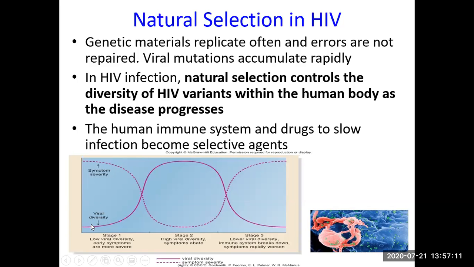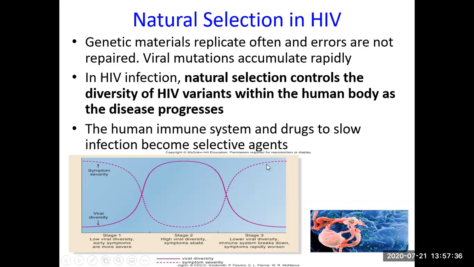And now that virus increases its population. It would go through even further mutation and make even more different types of resistant strains. You see here like this. So now viral diversity is going up, but since your immune system is also killing, your symptoms are going down.